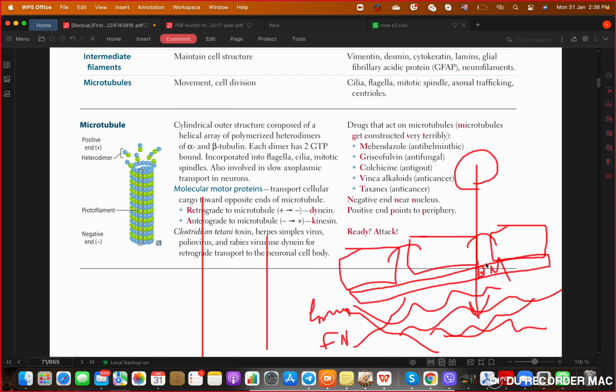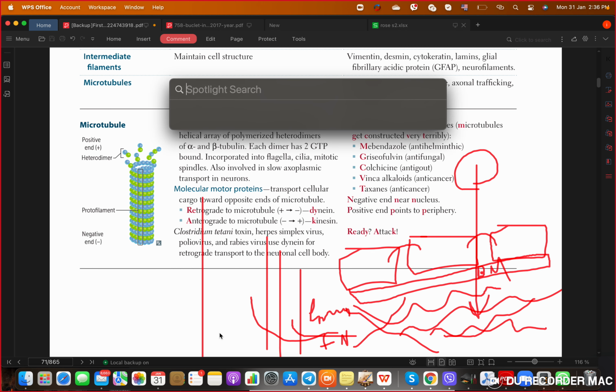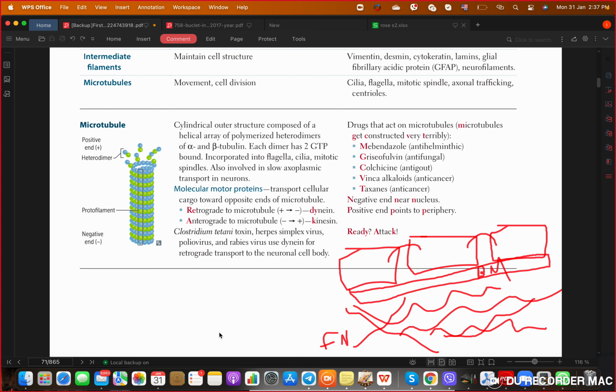Then it has a basement membrane, so it must produce collagenases, also known as metalloproteases. After that, it must bind to the laminin and fibronectin. And after that, it must go to the lymph or to the blood. Makes sense? It's the whole process.